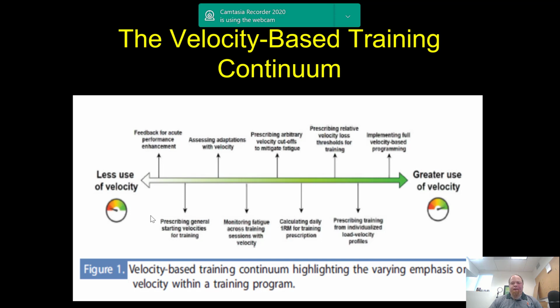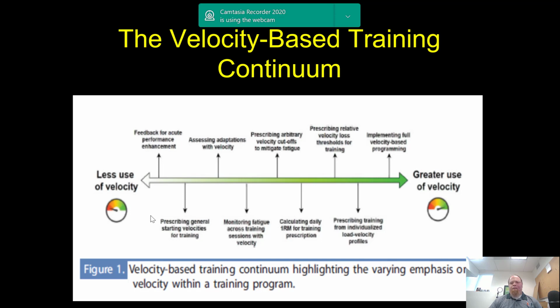Prescribing relative velocity loss thresholds for training. We're getting up into the greater use, right? We know from the works of various people with velocity loss, and one of my favorite papers comes from the Scandinavian Journal of Medicine and Science in Sports, and Fernando Pareja-Blanco is the lead author there.